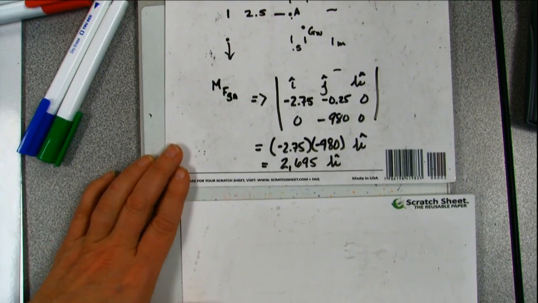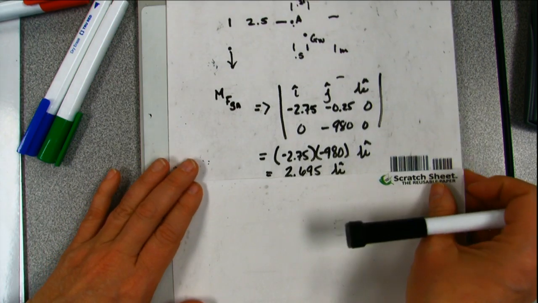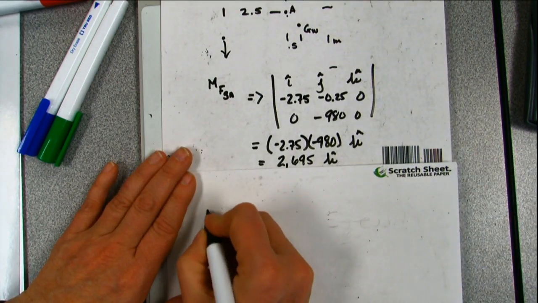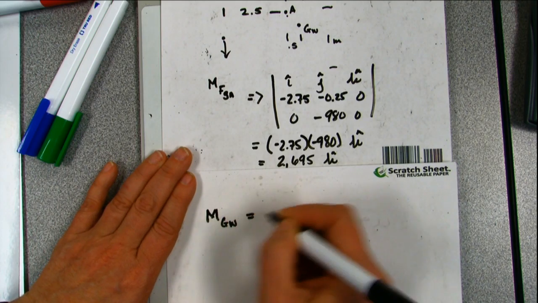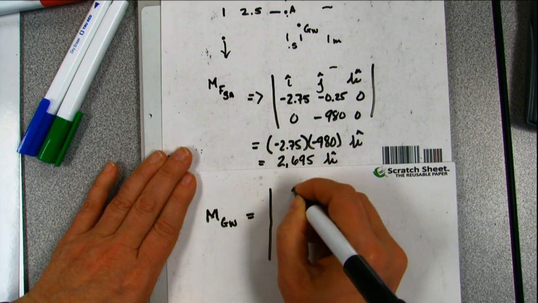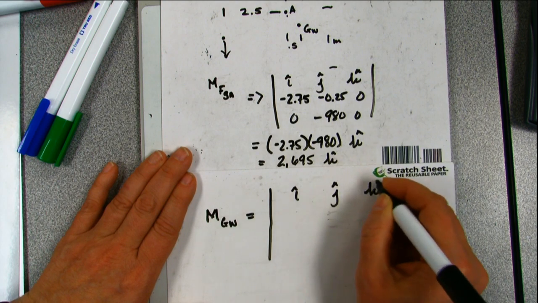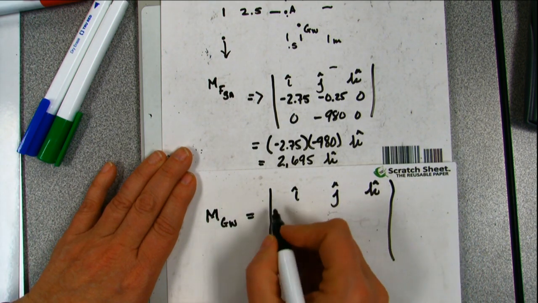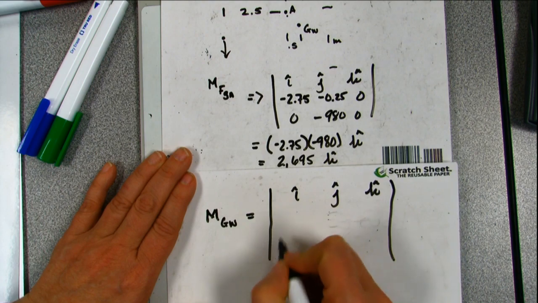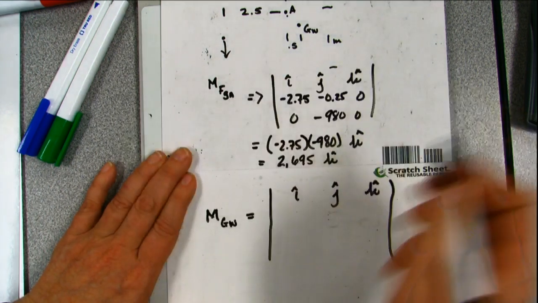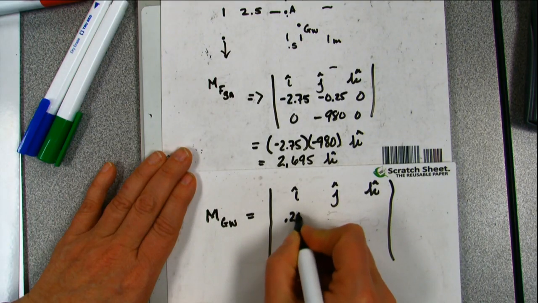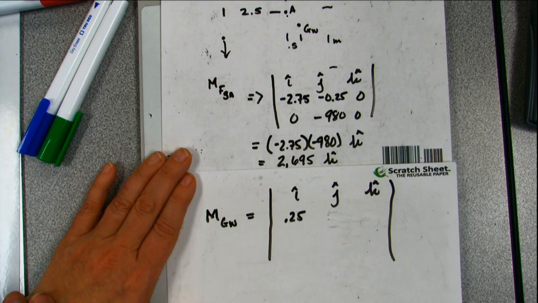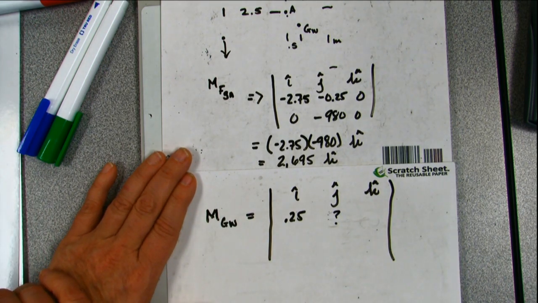Okay, do the counterweight. The moment is going to be, for the counterweight, I get I, J, K, and initially it looks like they don't give us enough information because I'm 0.25 away that way, and the X direction says 0.25. I'm not told where the J direction is, so I'm going to put in a question mark there just to prove to you I don't need to know.